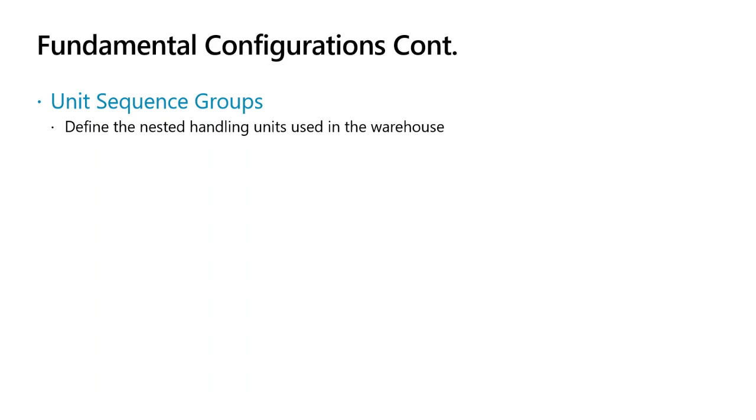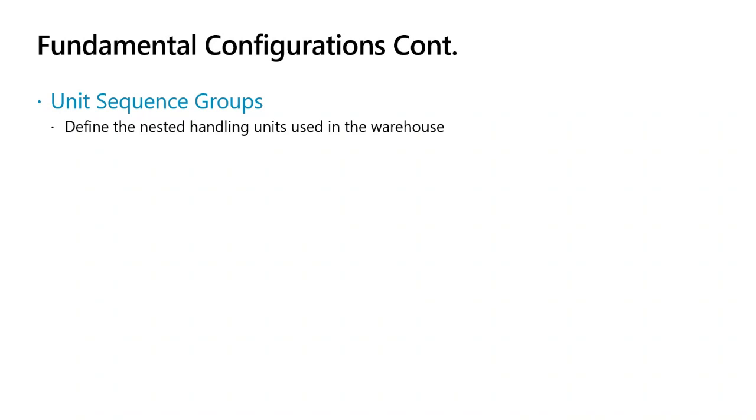And it may just be one, it may just be whatever your inventory unit is. But if it is multiple, say your vendor ships you eaches that come in a box, and then they stack those boxes on a pallet, then you have eaches and boxes and pallets all defined within your unit sequence group.